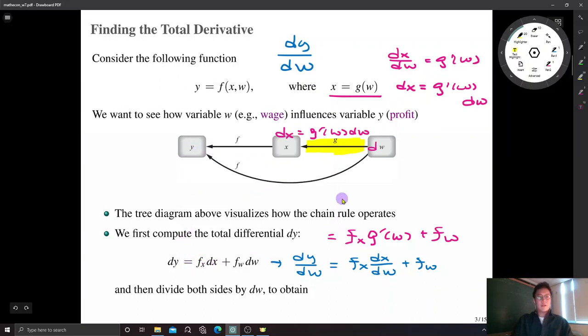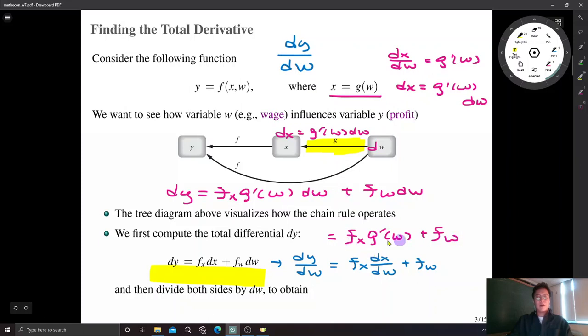So total differential is this one, right? But dy is f sub x dx, but dx is the same as g prime of w dw, and f sub w dw, right? And then dividing both sides by dw, I obtain this form.